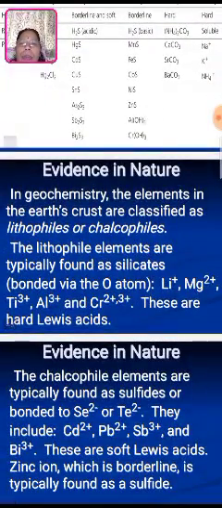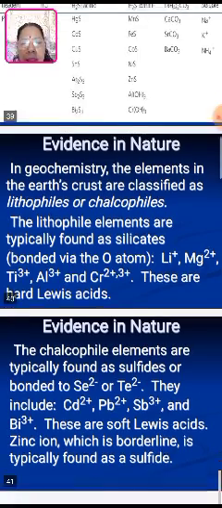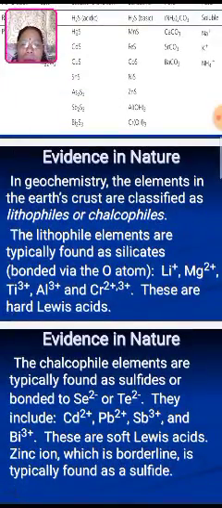In geochemistry, the elements in the earth's crust are classified as lithophiles or chalcophiles. The lithophile elements are typically found as silicates, bonded by oxygen atoms, with lithium, magnesium, titanium, aluminium and chromium. These are hard Lewis acids, as they accept the electron pair from the ligands.